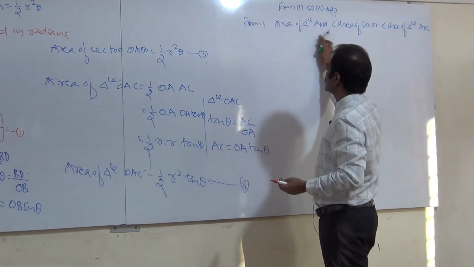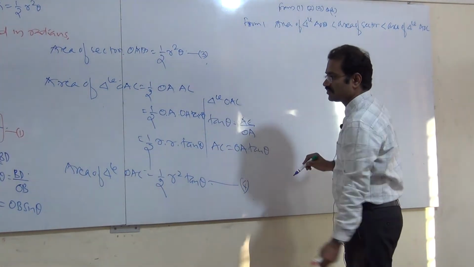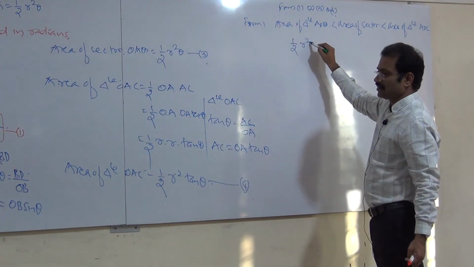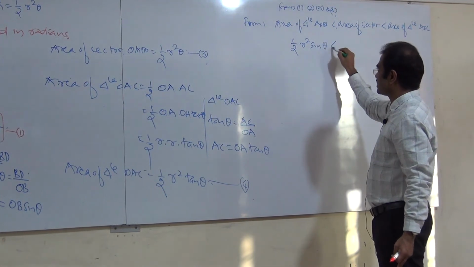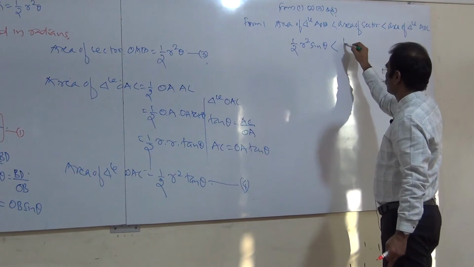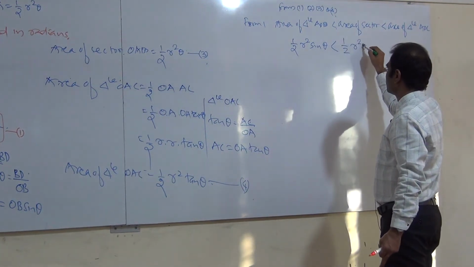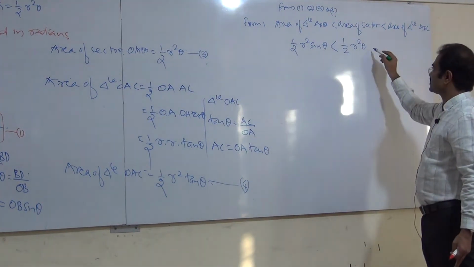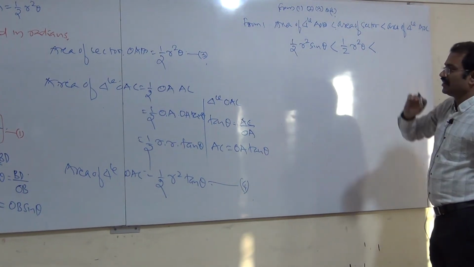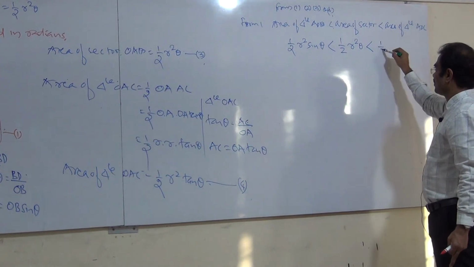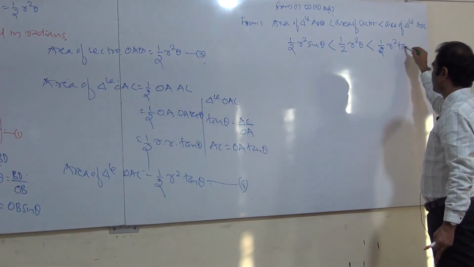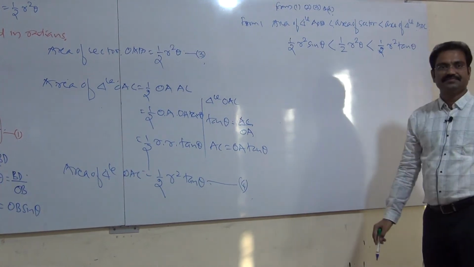We know the values of these, so substitute. 1 by 2 R square sin theta is less than area of the sector, which is 1 by 2 R square into theta, which is less than area of the triangle AOC, 1 by 2 R square tan theta. Am I right?